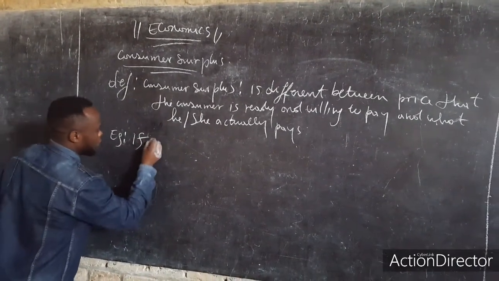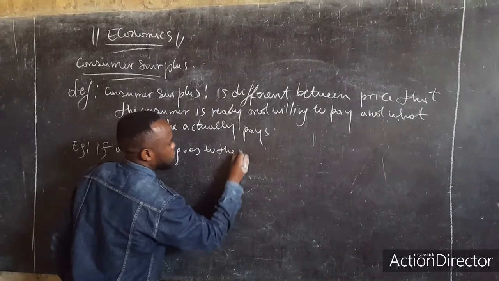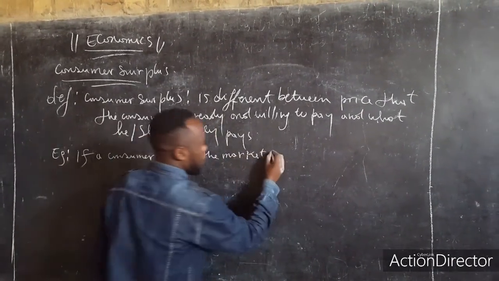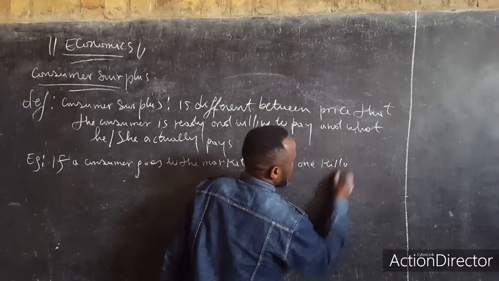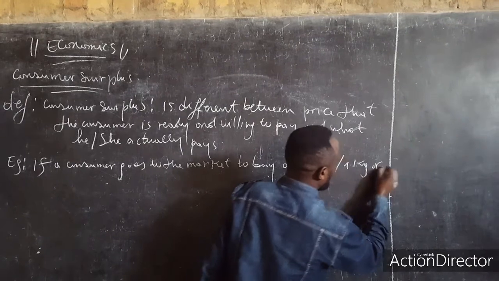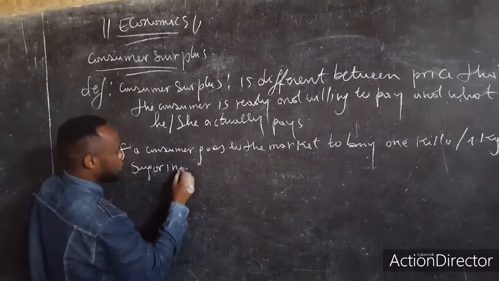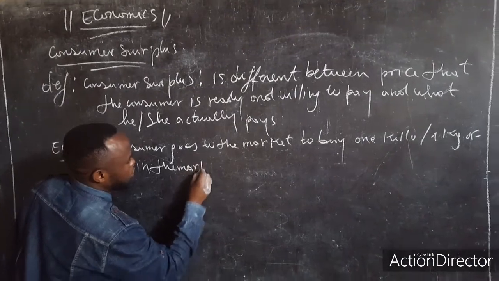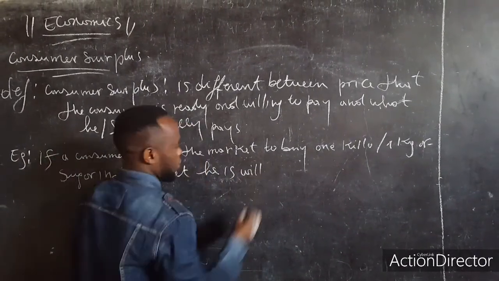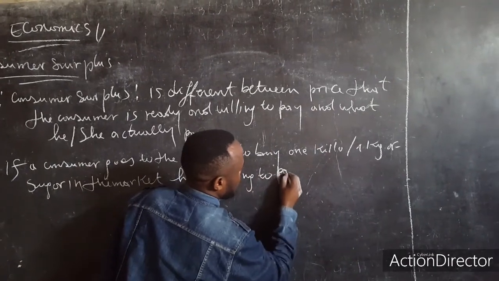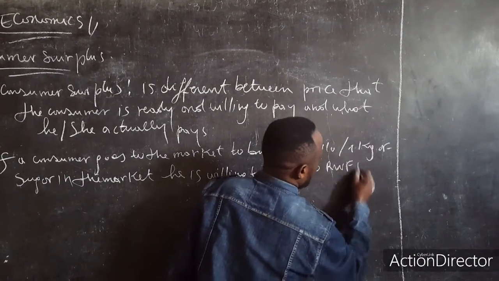If a consumer goes to the market to buy 1 kilogram of sugar in the market, he is willing to pay 500 Rwandan francs per kilogram.